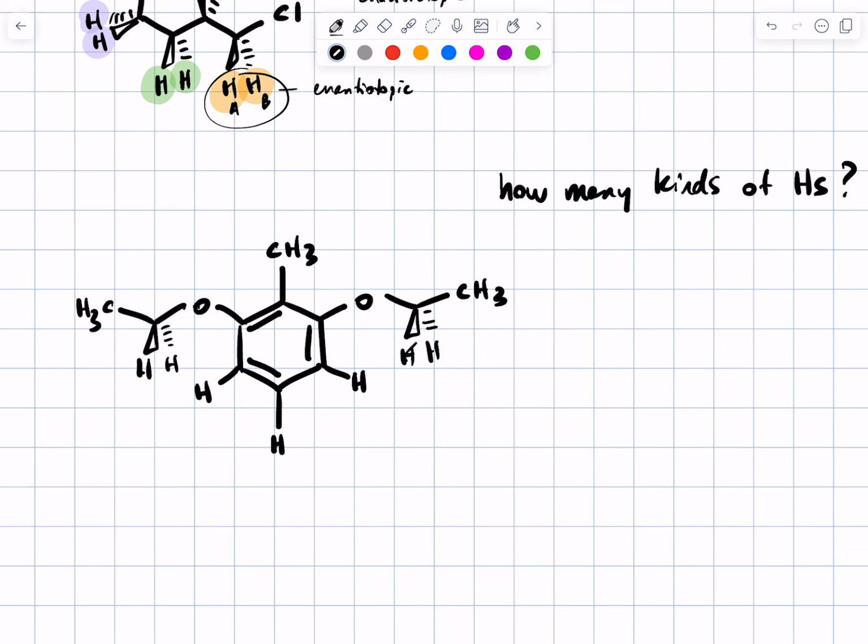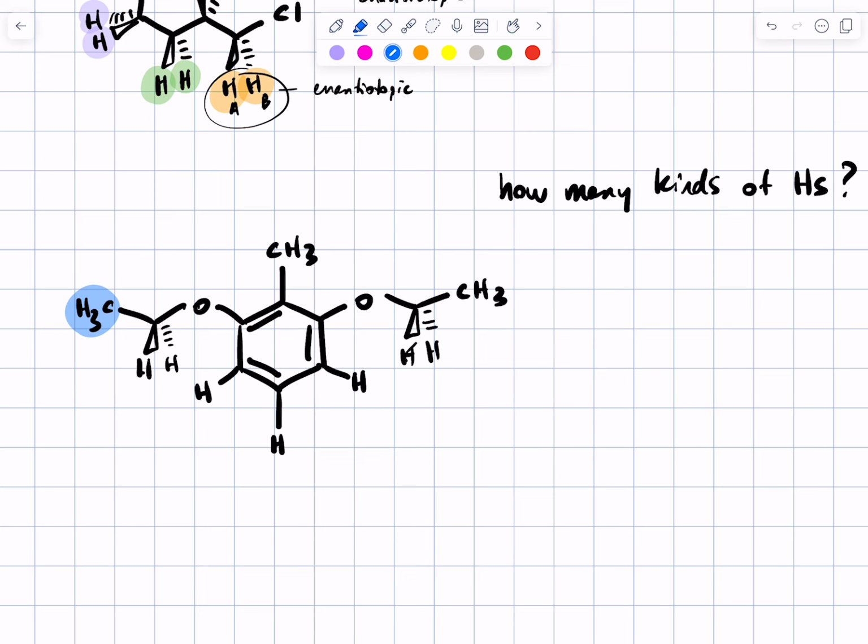All right, what have you got so far? Anybody want to commit to a number of different protons? 4, 6, 5, somewhere in there? Somewhere between 4 and 6. Good. So tell me one group of identical protons. The methyl on the end, so those 3 protons are identical to each other.